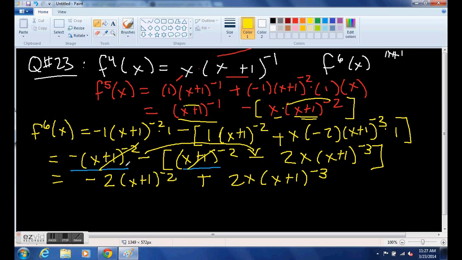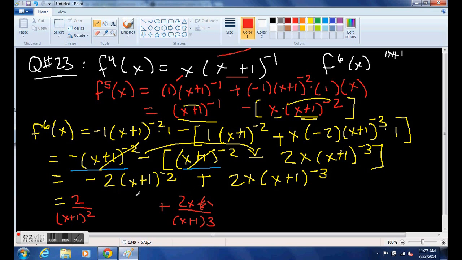Okay, I'm trying to do this in a way that doesn't take up so much space, but let me write it out like this. This is 2 over (x plus 1) squared plus 2x over (x plus 1) cubed.